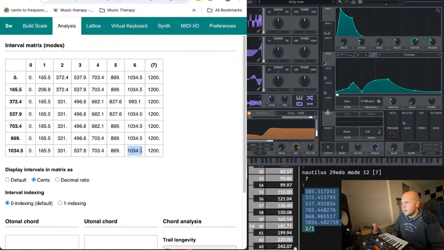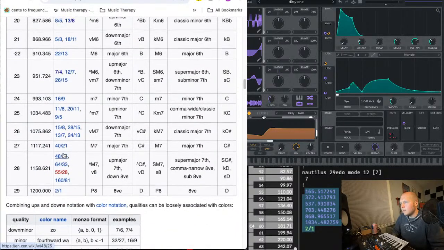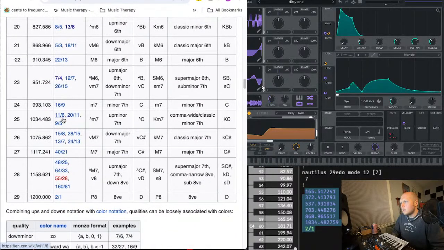So neutral always becomes neutral, but since this is kind of a skewed neutral, kind of skewed sharp, this one's going to skew flat. So I'm kind of interested to see what that is, that 1034 and a half. So I'm assuming the second one's going to be really close.